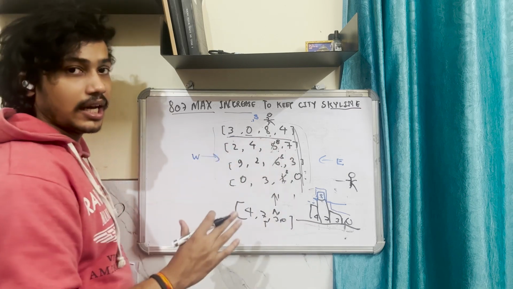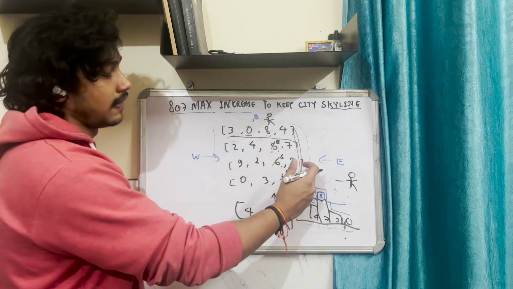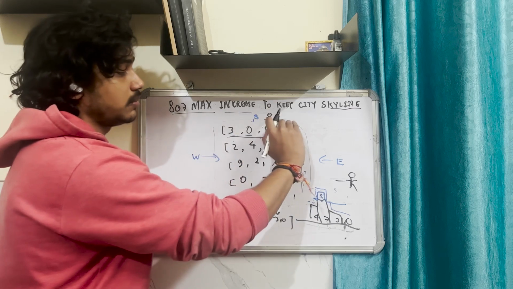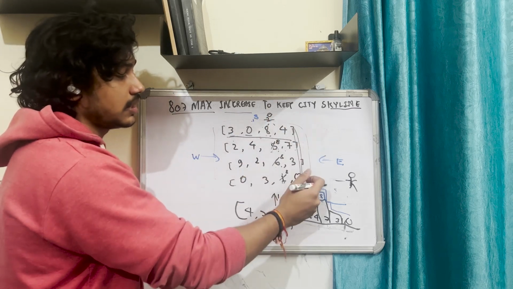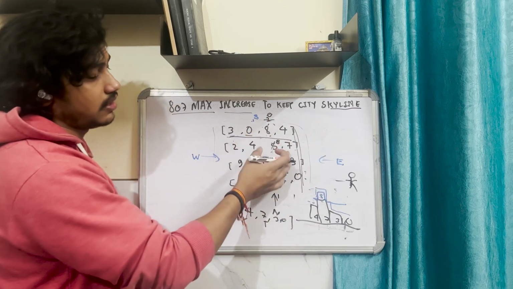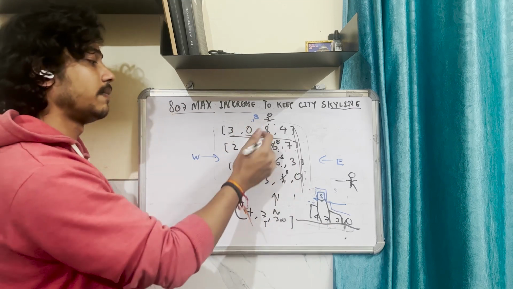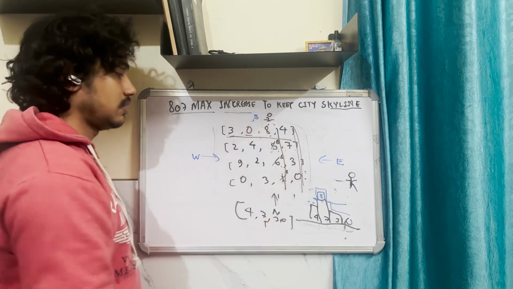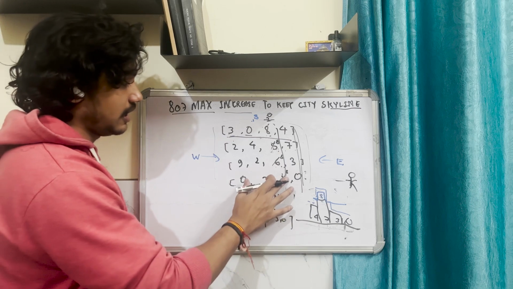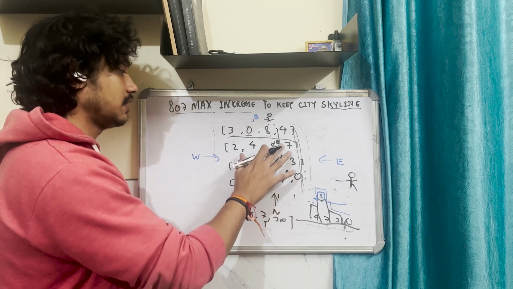Of 7 height at max. Okay, so you found out from this direction it can be 8 or it can be 7.